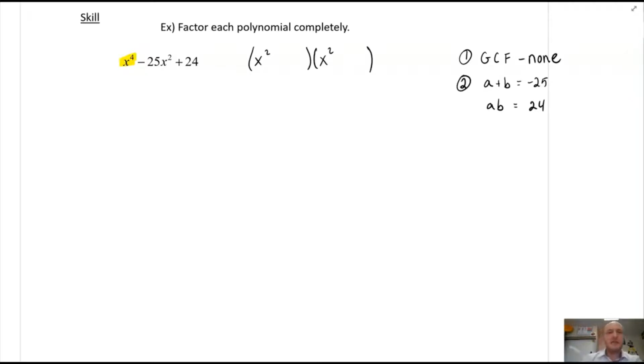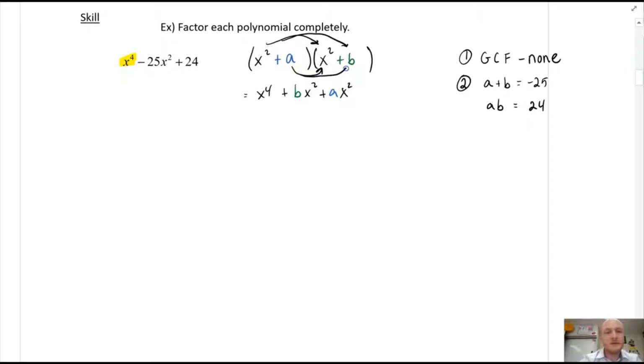So I want to factor these into x squared plus a and x squared plus b. If I FOILed this out, x squared times x squared is x to the fourth. Then x squared times positive b is a positive b x squared, and a times x squared is a positive a x squared.